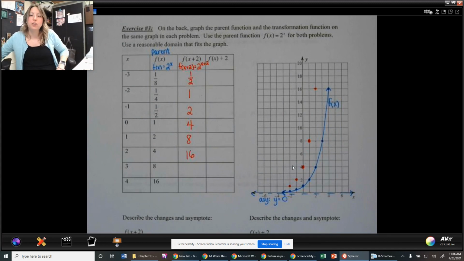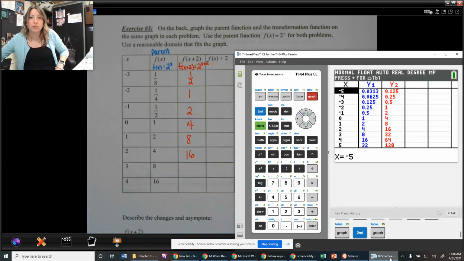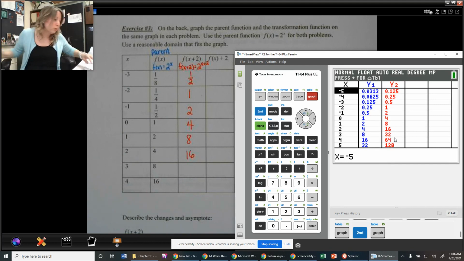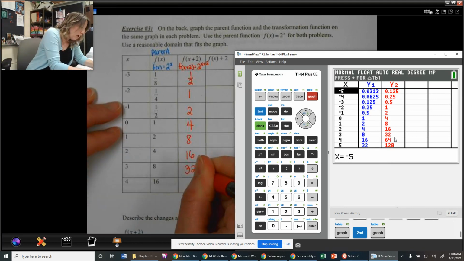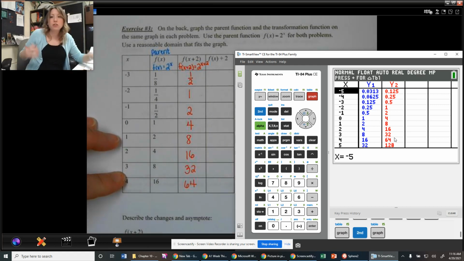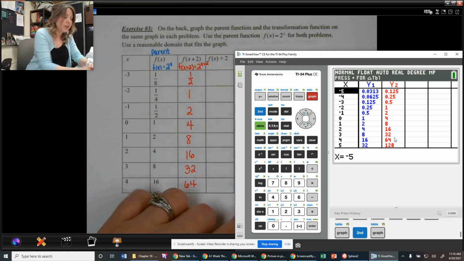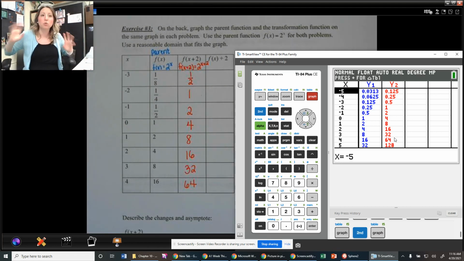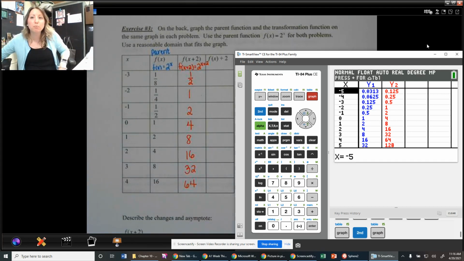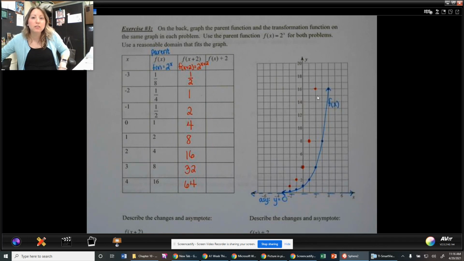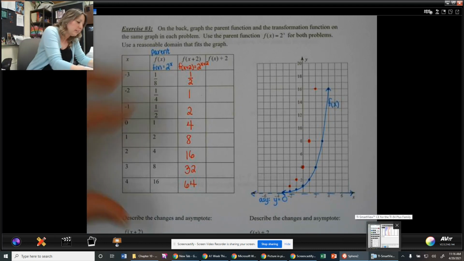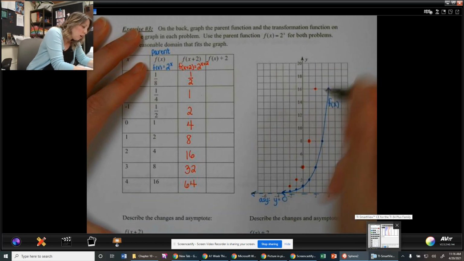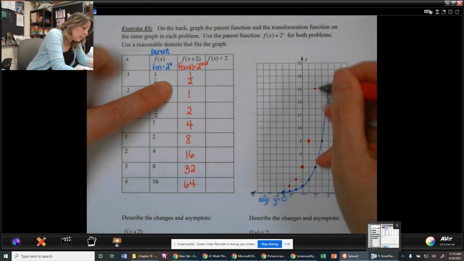Okay? And to fill in the rest of that, I am going to want to look at that graphing calculator because these are points that don't fit on my graph. So (3, 32) and (4, 64) are just too big to fit on this grid, right? But what I can see is that pattern, and I can see that the asymptote did not change because I did not add anything to the end of the equation.